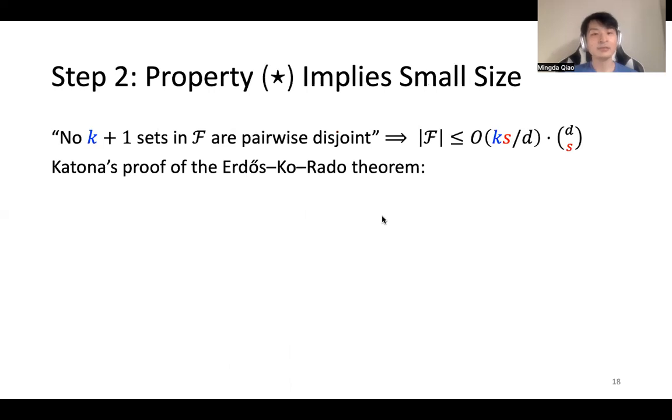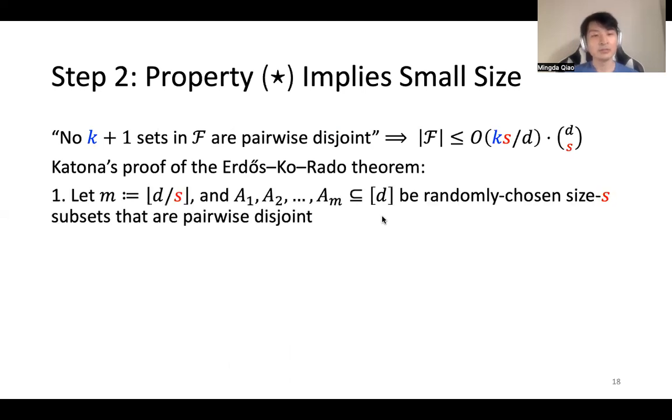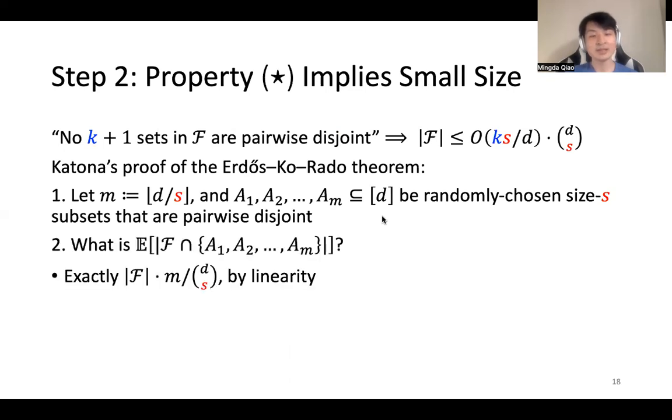For the second step, we adapt a proof of Katona for the Erdős-Ko-Rado theorem in extremal combinatorics. We first choose M to be D over S and consider M random sets A1 through AM that are all size S and pairwise disjoint. Then we examine the expected size of the intersection between F and A1 through AM. On one hand, this expectation is given by the size of F times M divided by D choose S by the linearity of expectation.